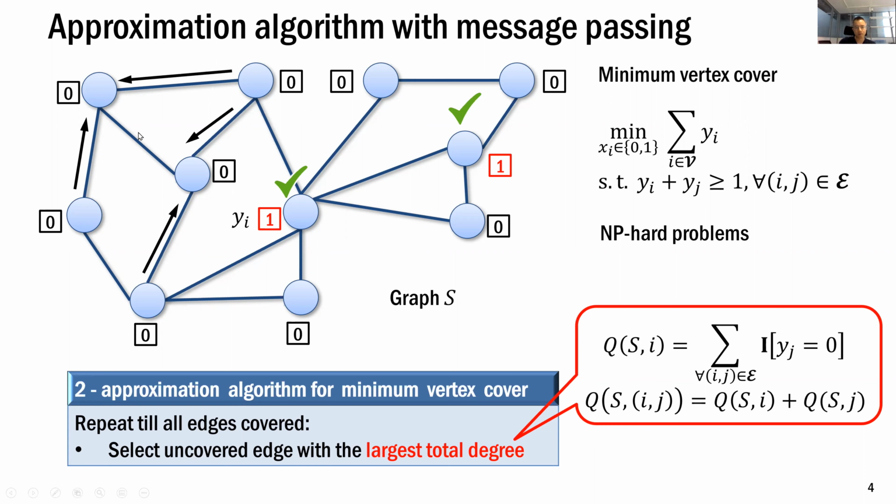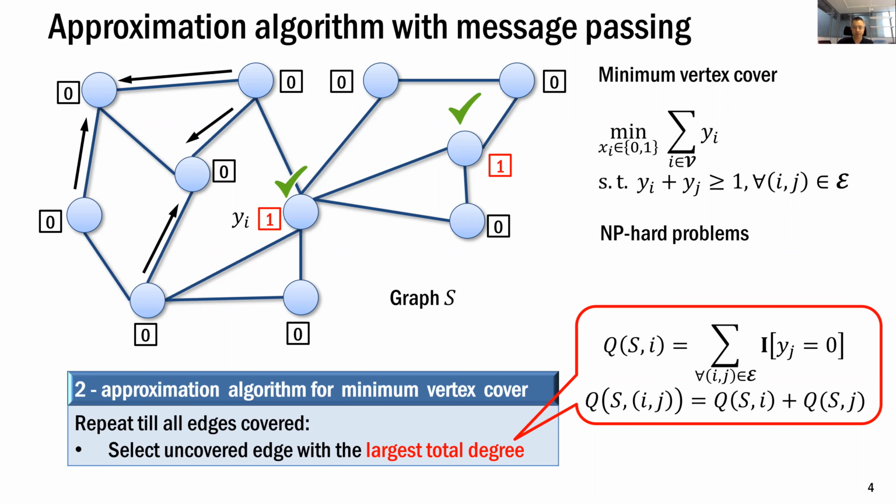If I want to score a particular node, I ask the neighbors of the node to send in messages. I count the number of messages containing the label 0, and use that as my score. So this is an expert-designed scoring function which can be computed by this simple message passing scheme. And although it's simple, it's a 2-approximation algorithm.